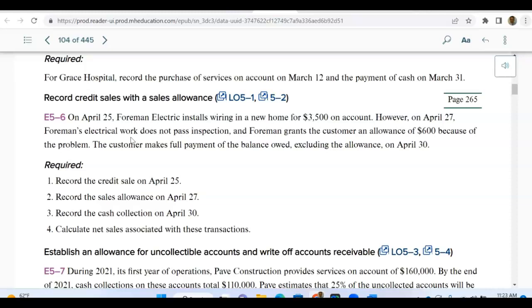However, on April 27th, foreman's electrical work does not pass inspection, and foreman grants the customer an allowance of $600. You see, allowance means there's nothing to return, just they get an allowance because of the problem. The customer makes full payment of the balance owed, excluding the allowance, on April 30th. So record those transactions.